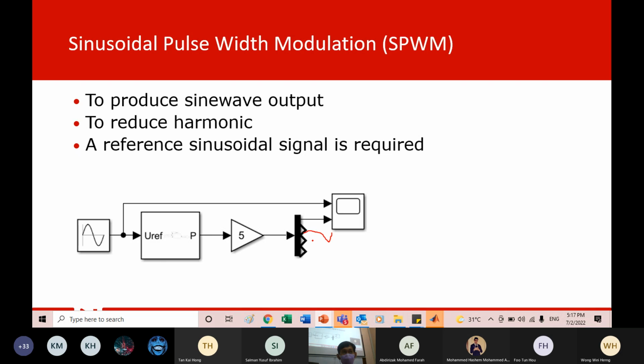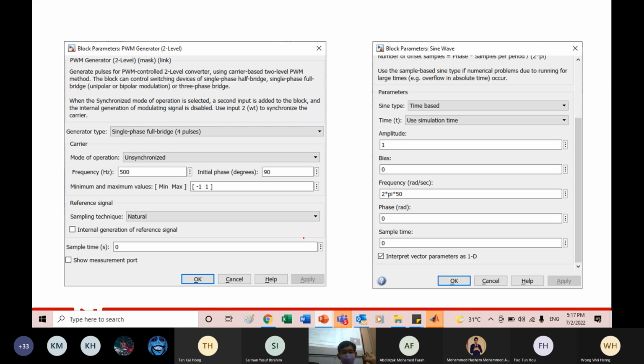Why 4 channels? Because we are using this full bridge. A full bridge requires 4 transistors, right? So they help us to switch. Here you will see the settings. For the modulator, we call it PWM generator, 2 level. And then this is the modulating signal.